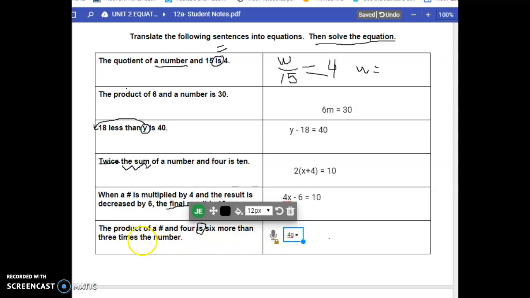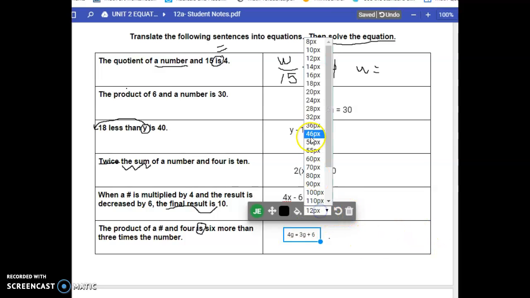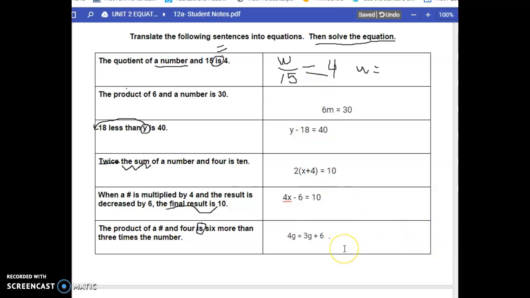When they're referring to the number, they're referring to the number that you used before. So we use g, so we're going to say 3g plus 6. But we know from the commutative property that we could have also said 6 plus 3g. So there you have it. Solve and find the value for g.